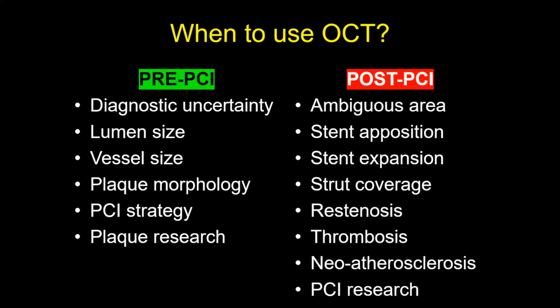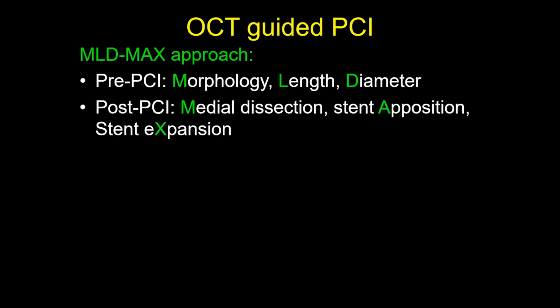You can't see the struts covered with any other intravascular modality, but OCT can give you whether the struts are covered. You can see restenosis. And in cases of stent failure, you can do IVUS, but OCT will give you a much better understanding of the mechanism of the stent failure. So it will be my imaging modality of choice. You can see neoatherosclerosis and obviously PCI research.